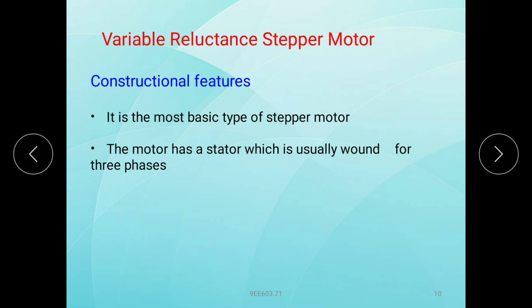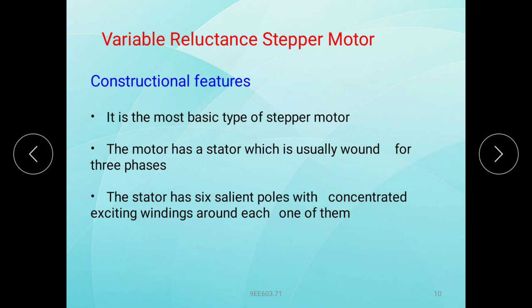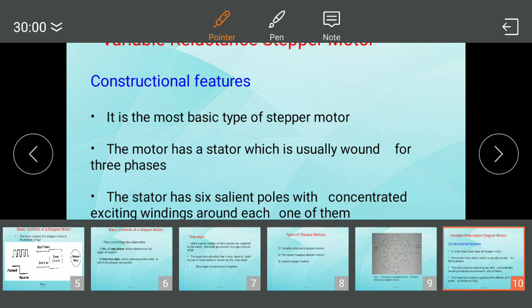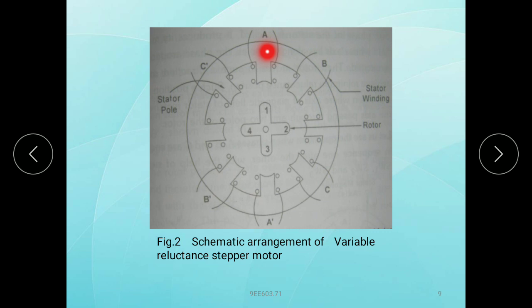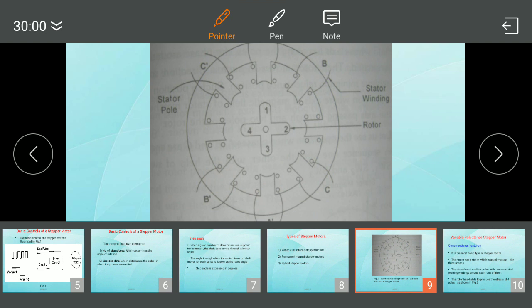The stator has 6 salient poles with concentrated exciting windings around each one of them. Here the poles: 1, 2, 3, 4, 5, 6.